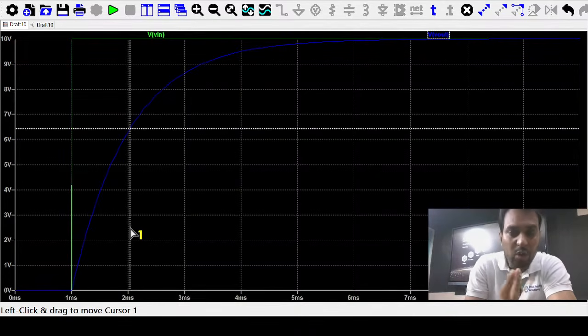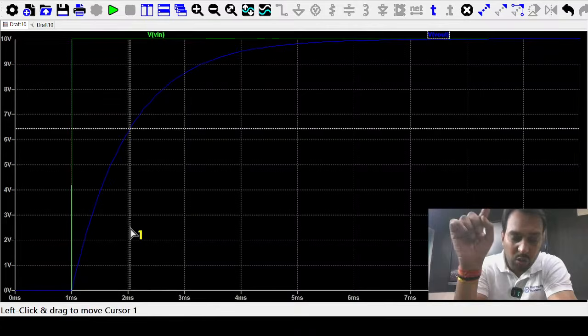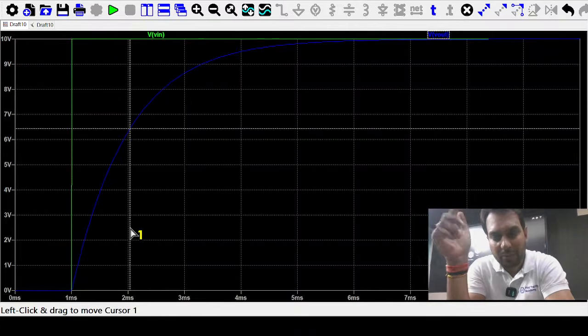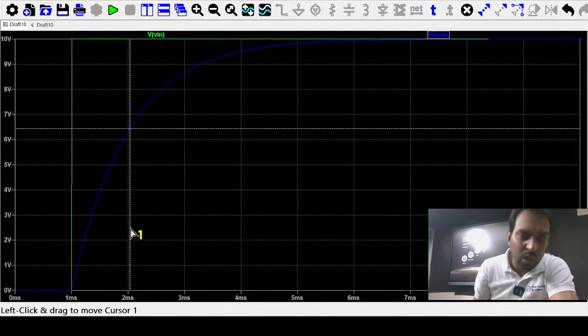At 2 millisecond, what is your output? This will give you the output at tau. So v out is equal to v final plus v initial minus v final, e power minus t by tau. So by the equation you will find 10 times 1 minus e power minus t by tau.